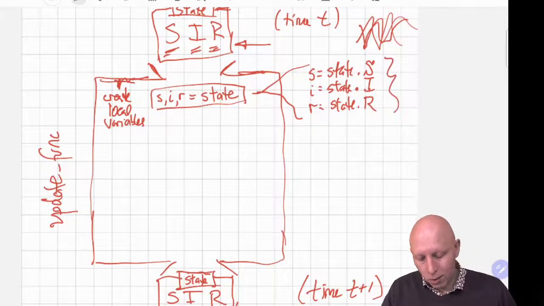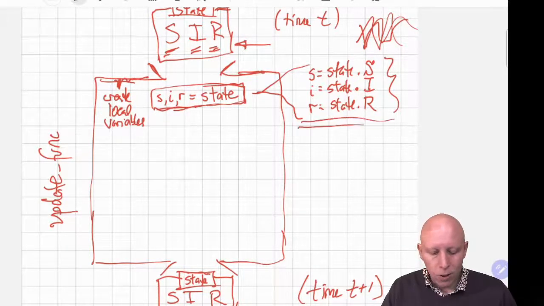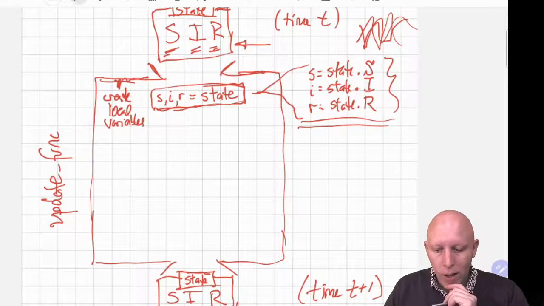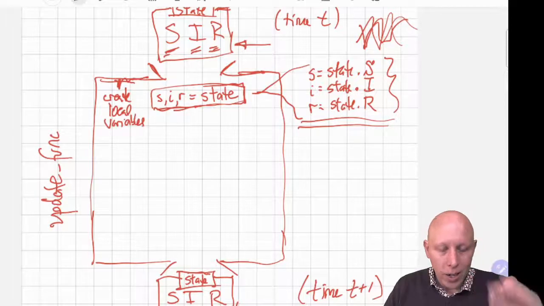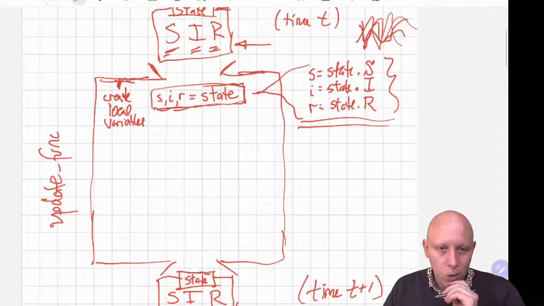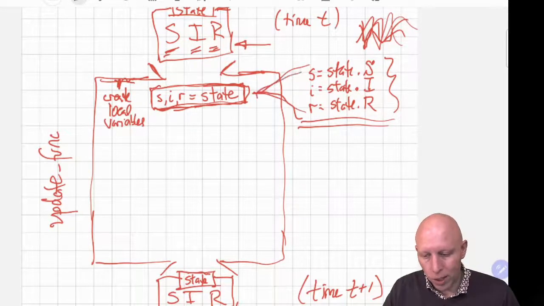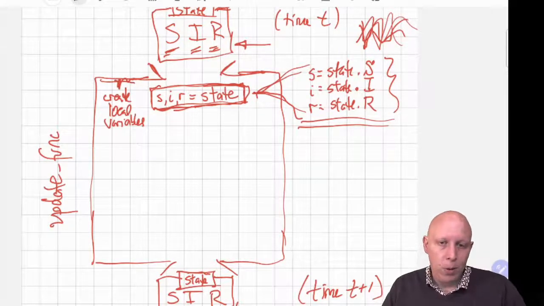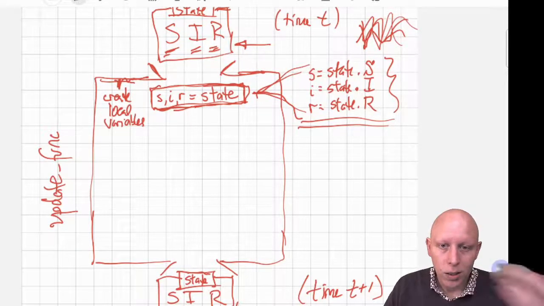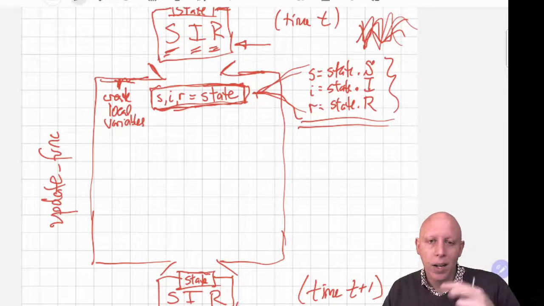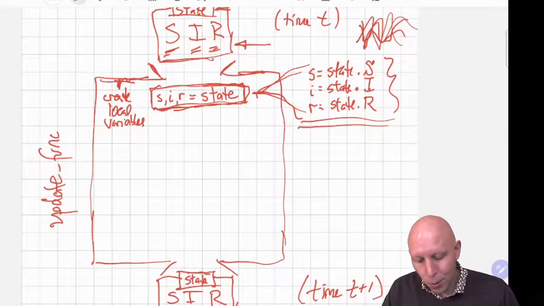You might think of s, i, r equals state as a shortcut for this set of 3 lines of code. If you end up with issues in your code, then you may want to replace this one shorter line with this longer set of 3 lines. But once we do this evaluation, we've created our local variables that keep track of the input that was passed in.